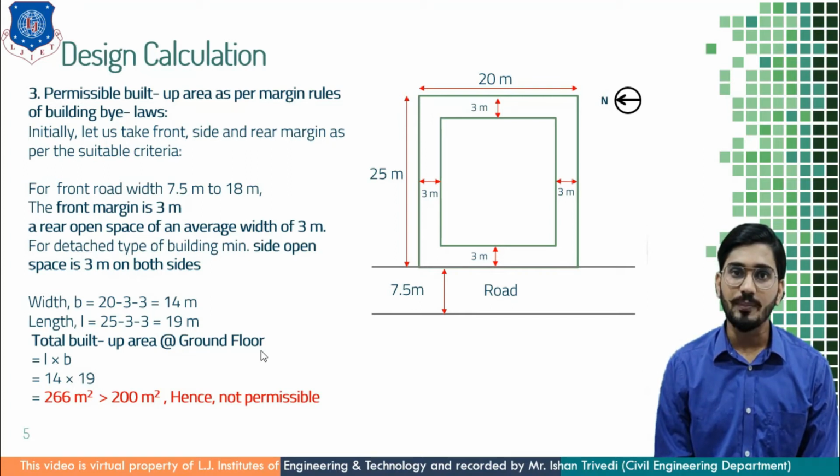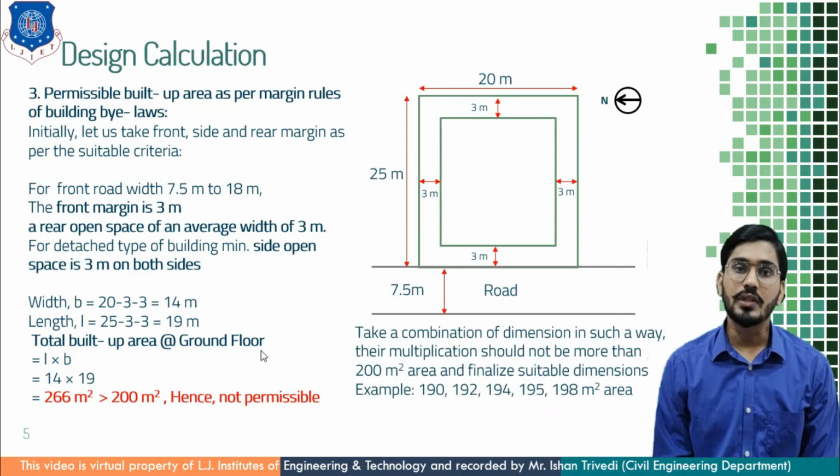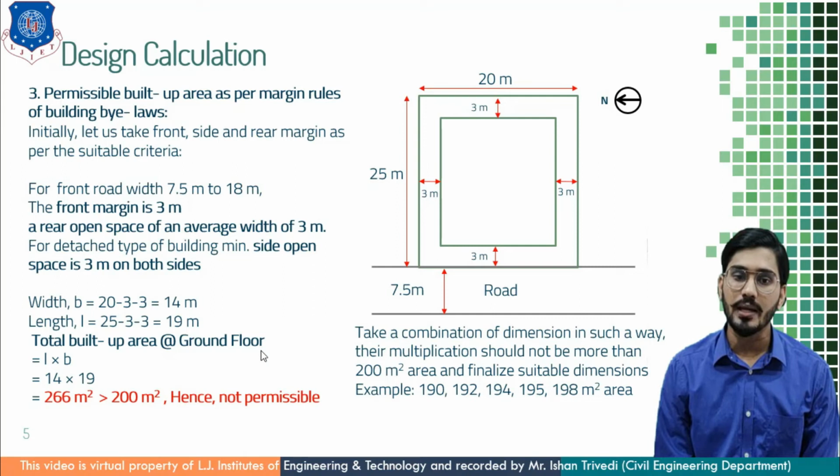So which dimensions should I adopt which are less than 200 meter square and which satisfy the margin criteria as well? You have to take a combination of dimensions in such a way that their multiplication should not be more than 200 meter square area, and you have to finalize the suitable dimension.